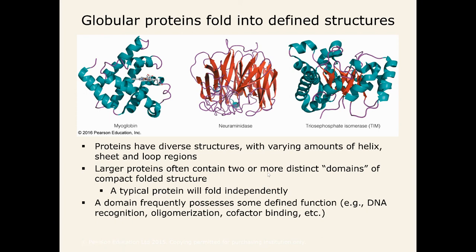Okay, this is just showing you that overall, when they fold, a lot of proteins have sort of that spherical shape I mentioned, but they're different, right? Like in this case, the first structure is myoglobin, heavy on alpha helices, secondary structure. The second protein there, that one has a lot of beta pleated sheets. And then the third one has a combination of both.